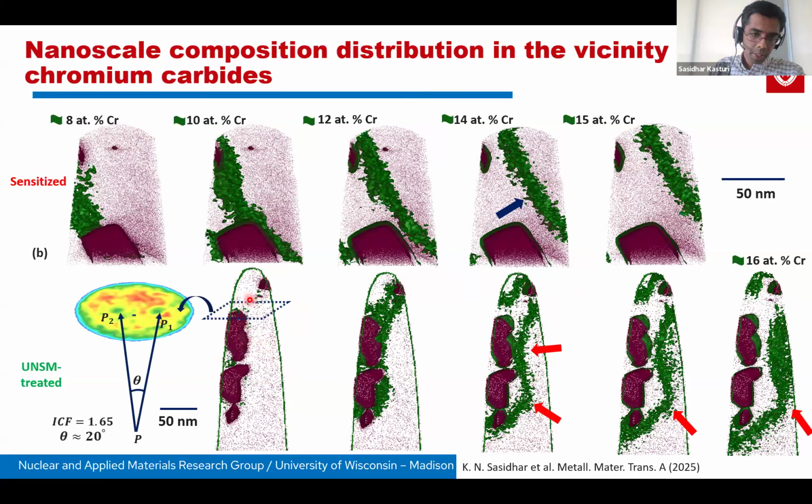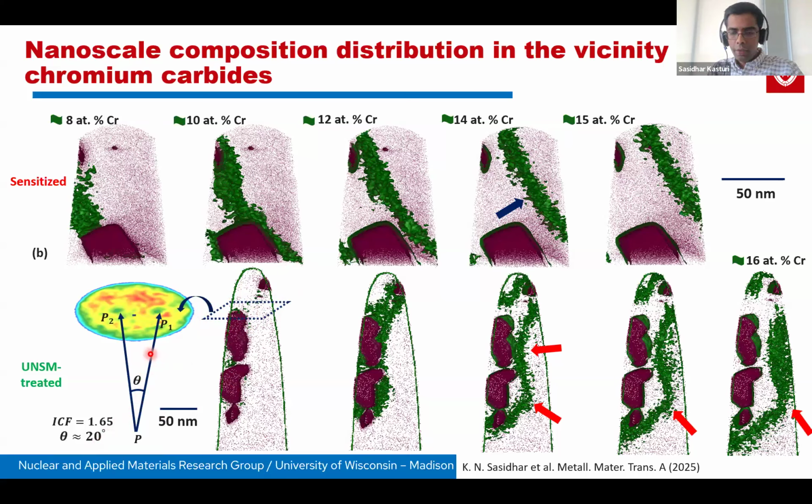So we took a representative ion density map from this horizontal cross section in the data set, and we saw two poles separated by an angular spacing of 20 degrees in the reconstruction.